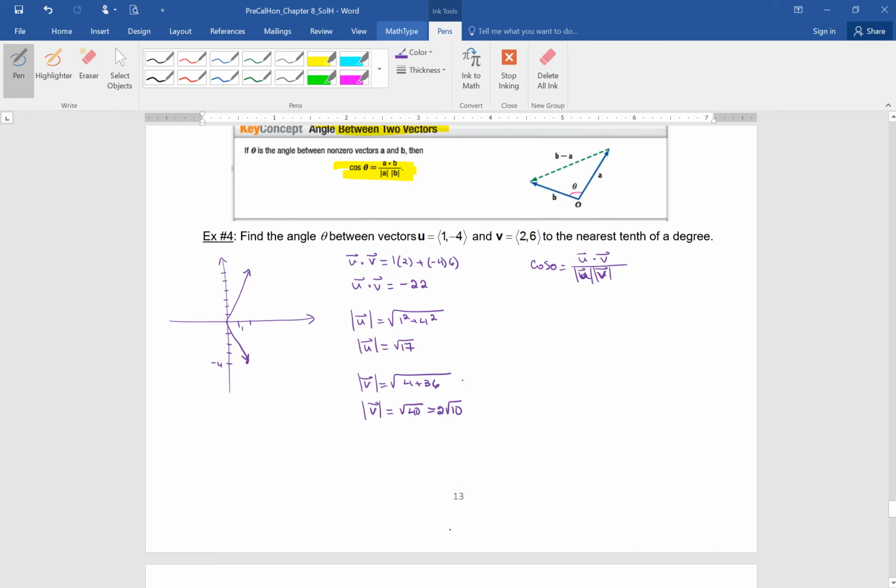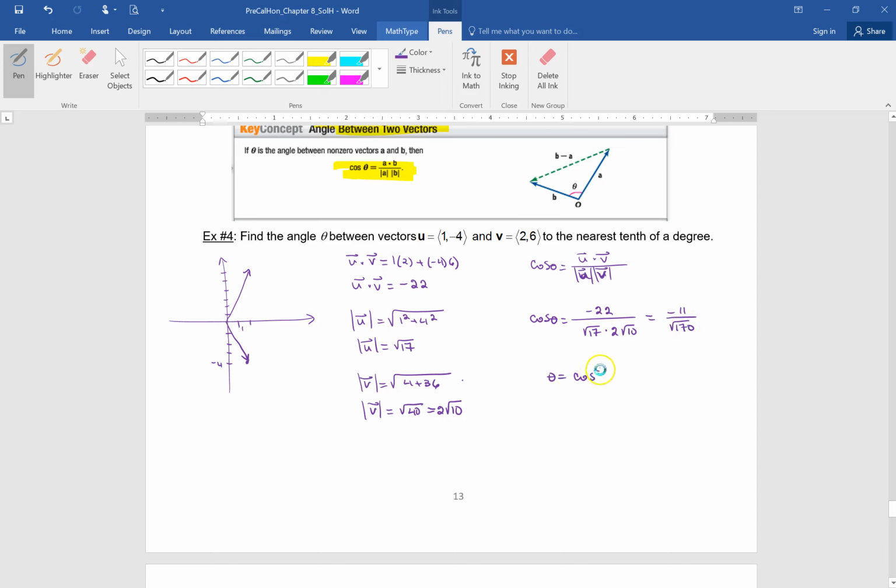Let's plug all this in. u dot v was -22 over the square root of 17 times 2 root 10, which is equal to -11 over the square root of 170. So how much is theta?